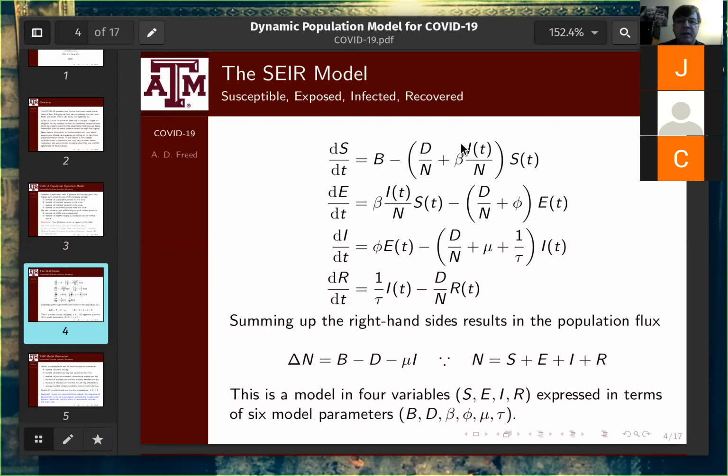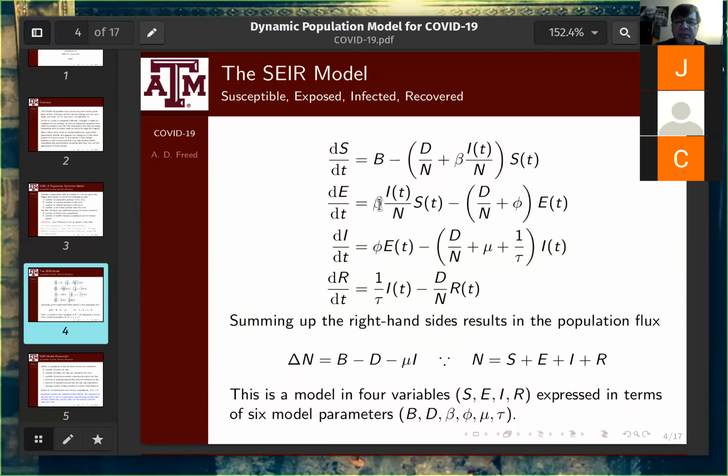And then in the susceptibles, we have this last term. I'm going to forego discussing it in terms of susceptibles, and rather talk about it in terms of those that get exposed. So what we have here is the fraction of infected, which is the total number of infected divided by the population, times this parameter beta.